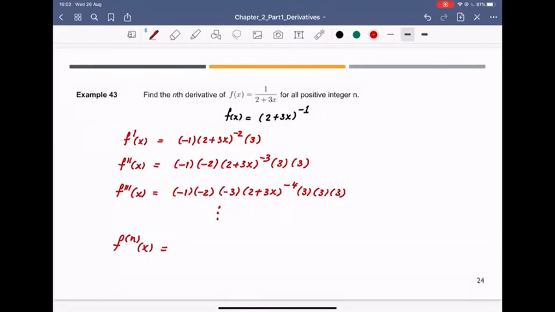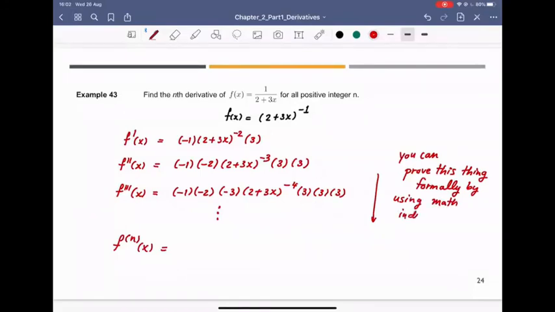In order to prove this formally, you can do that by using mathematical induction, which we are going to learn in Calculus 2 next semester.